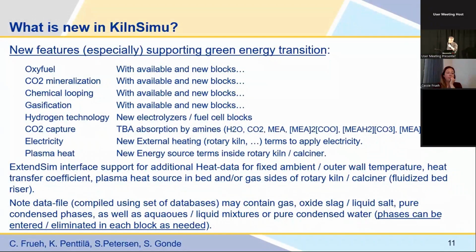So I've been modeling, for example, lithium production, where we have high temperature rotary kiln processes and roasting with sulfuric acid, and also lots of aqueous processes like leaching and evaporation. But with KilnSimu, it's possible to enable or eliminate phases in each process separately. So you can even have a pure condensed water phase and also the aqueous solution phase by the Pitzer model, for example. But then you can just use the other one when it's suitable for the process you have in mind.